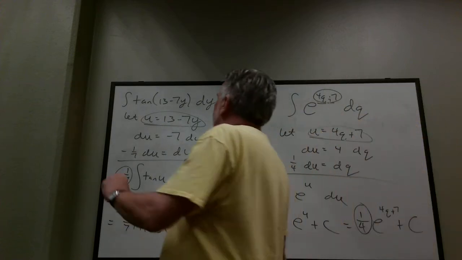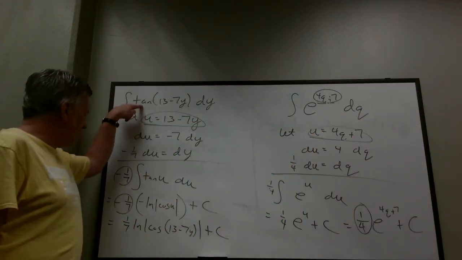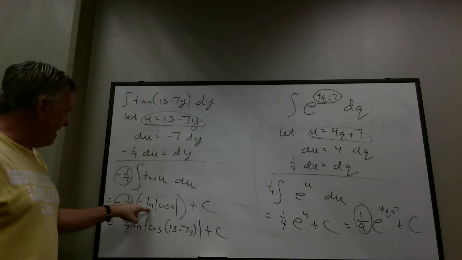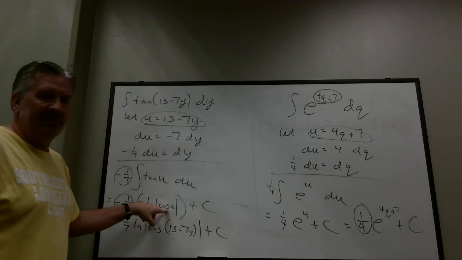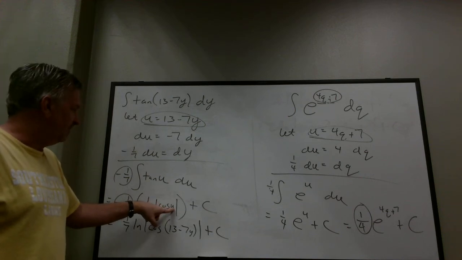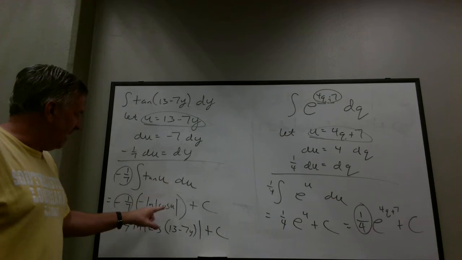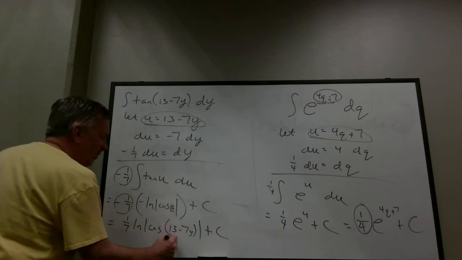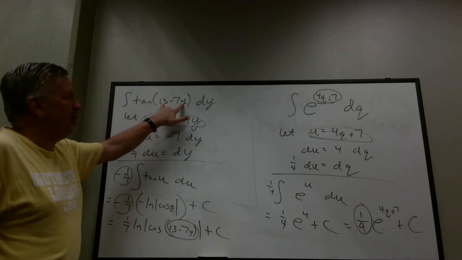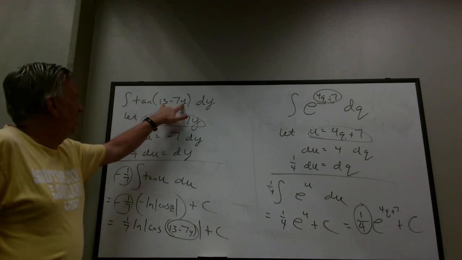Now what about here? What's the integral of tan of x? It's minus natural log absolute value of cosine x, right? So it's the exact same formula, for linear. So if you just treat this as plain old x, let me do that again.